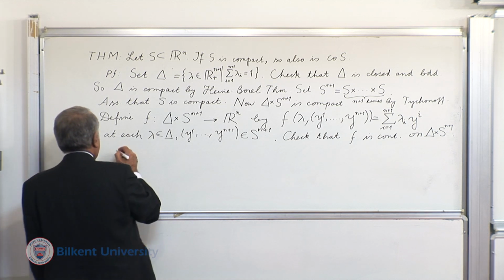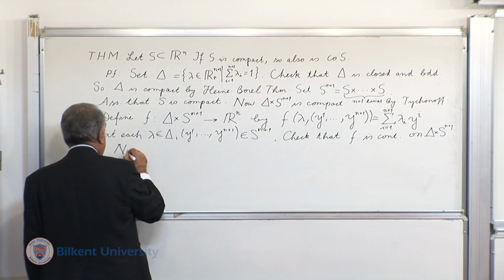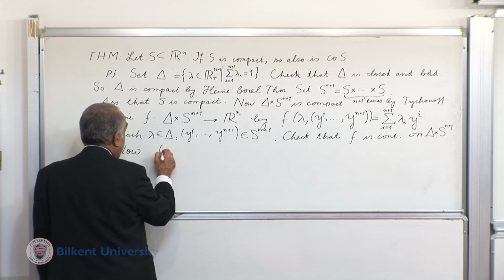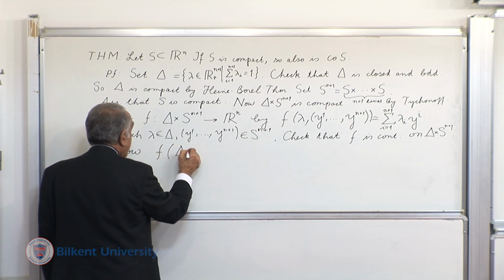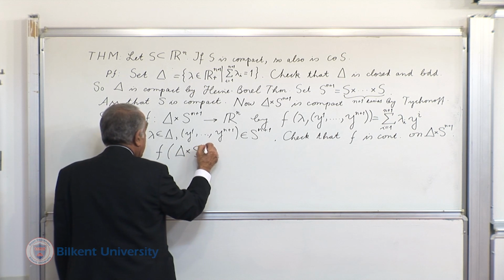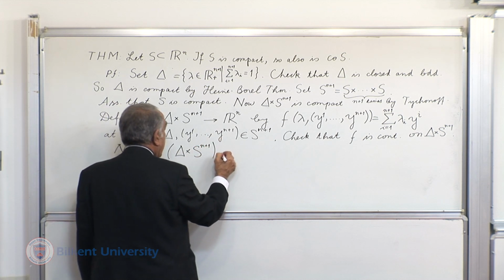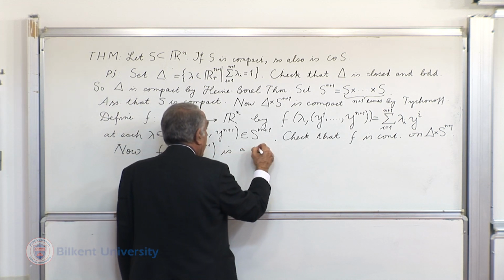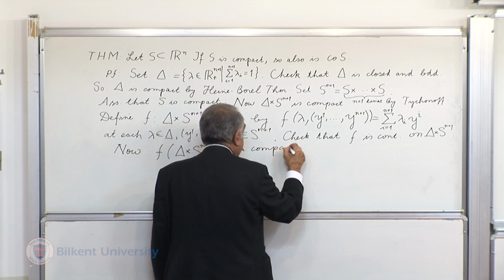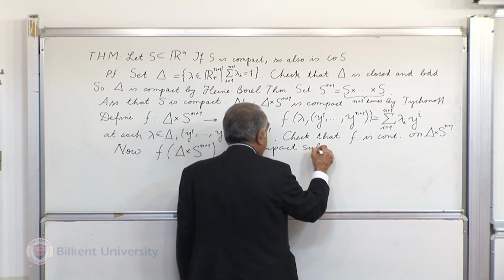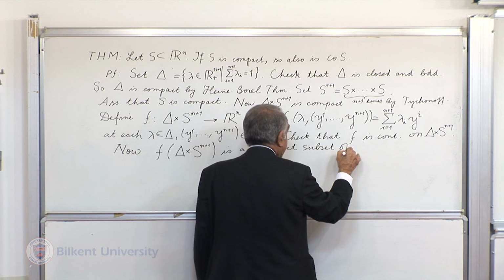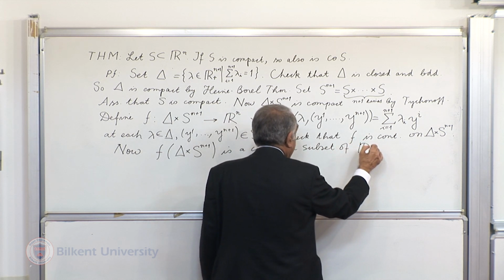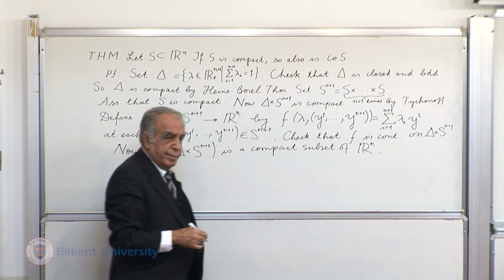So f of delta cross Sn plus 1 is a compact subset of Rn.